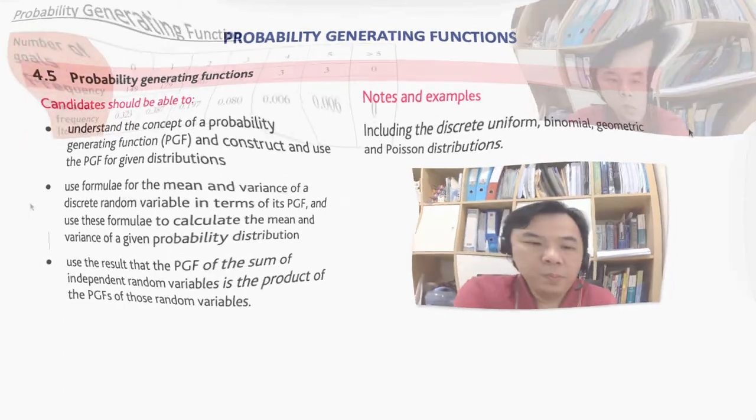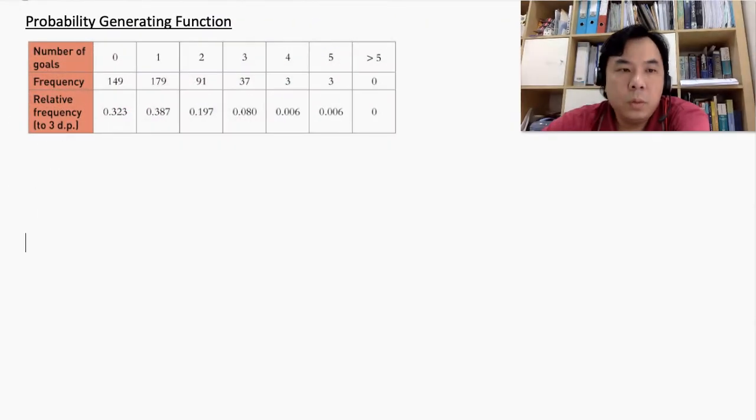Stay tuned. All right, so here I'm going to use one opening question to show you the motivations behind the discovery or the usage of probability generating functions. Right now, let's assume that these are results collected from football competitions, for instance.